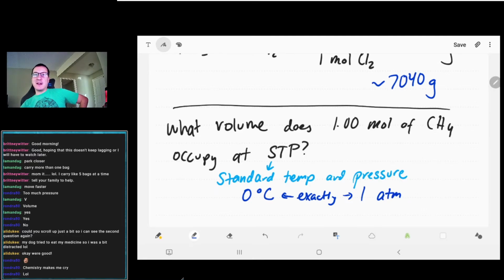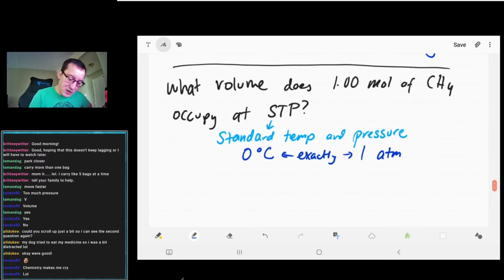However, in like the 80s, this was changed to 0 degrees Celsius and 1 bar.